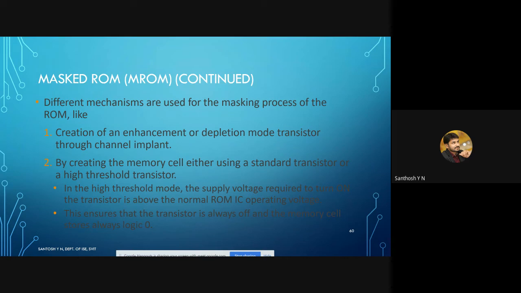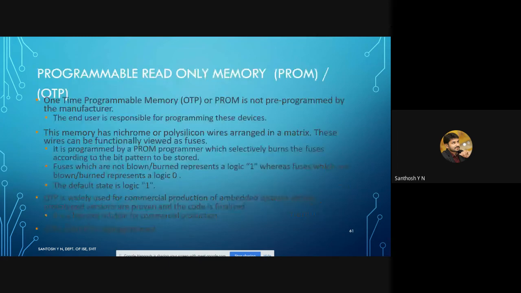In high threshold mode, the supply voltage required to turn on the transistor is above the normal ROM IC operating voltage. So this ensures that the transistor is always off and the memory cell always stores logic 0. So these are the two mechanisms that are there in order to process the ROM.